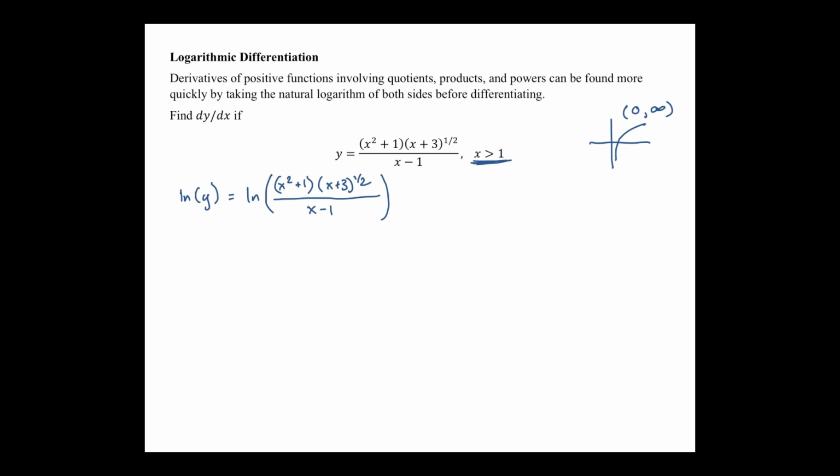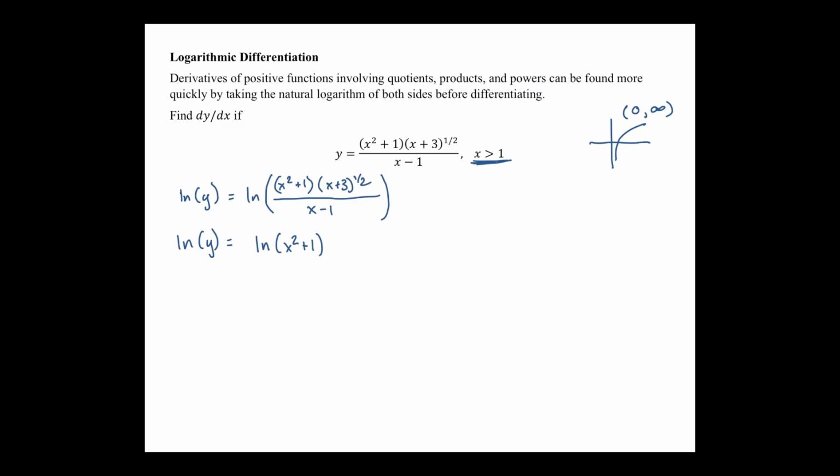So why did I do that? Well, let's leave the left-hand side alone. The reason I did that is on the right-hand side, we could rewrite this whole right-hand side as a bunch of sums and differences of logarithms. So anything in the numerator is going to be positive. So this is a positive ln of x squared plus 1. That x squared plus 1 belongs to that first logarithm.